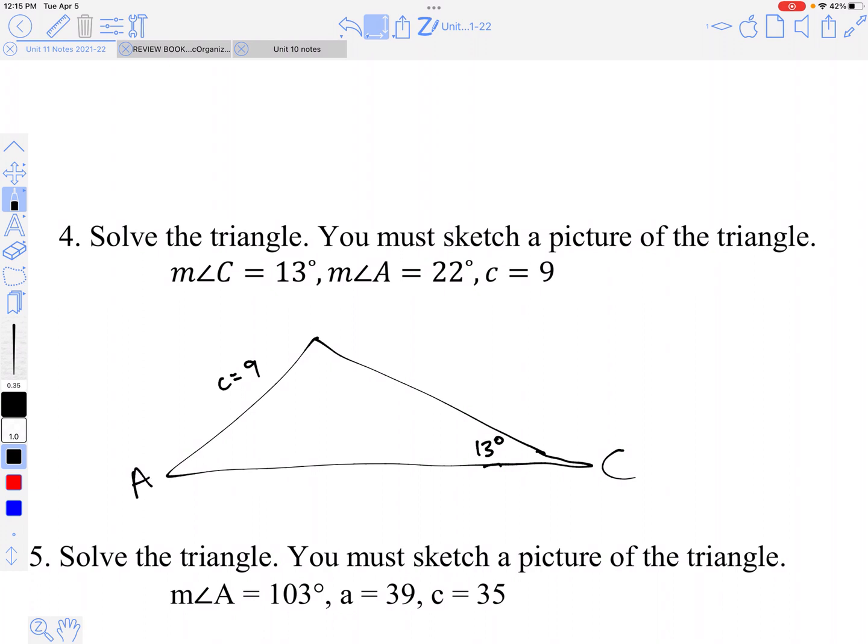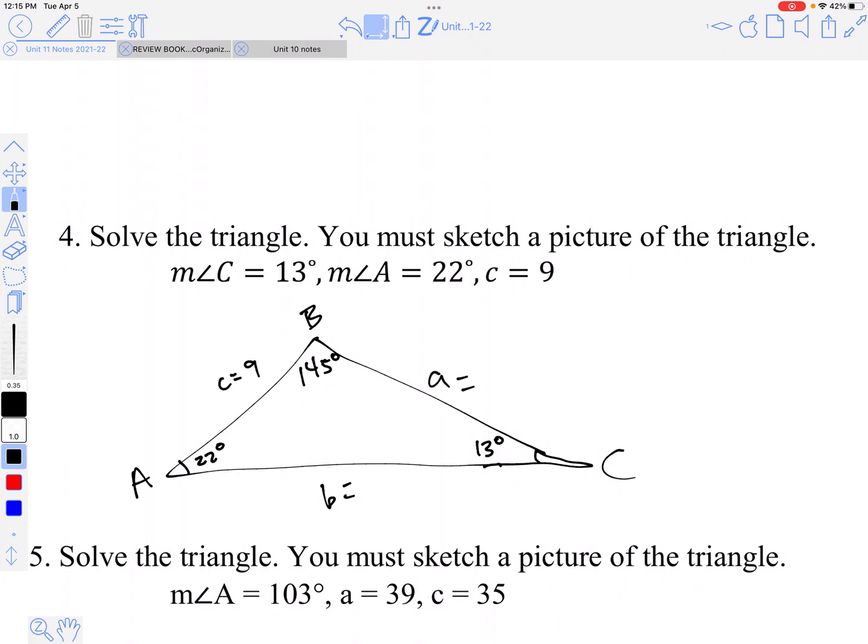Angle A is 22 degrees. And then the rest is unknown, right? We need to find a, angle B, and little b. So, angle B, easy, right? 180 minus 22 minus 13 leaves me with 145 degrees.